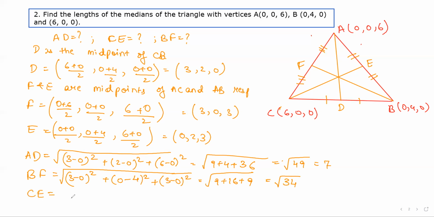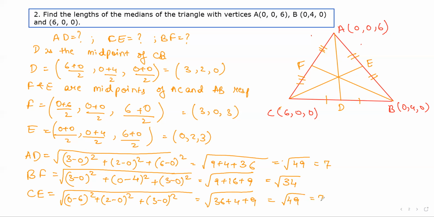CE is equal to the root of, the coordinates of point E are (0, 2, 3), so (0 minus 6) whole square plus (2 minus 0) whole square plus (3 minus 0) whole square. This is equal to 36 plus 4 plus 9. Again, this is root 49, which is equal to 7.